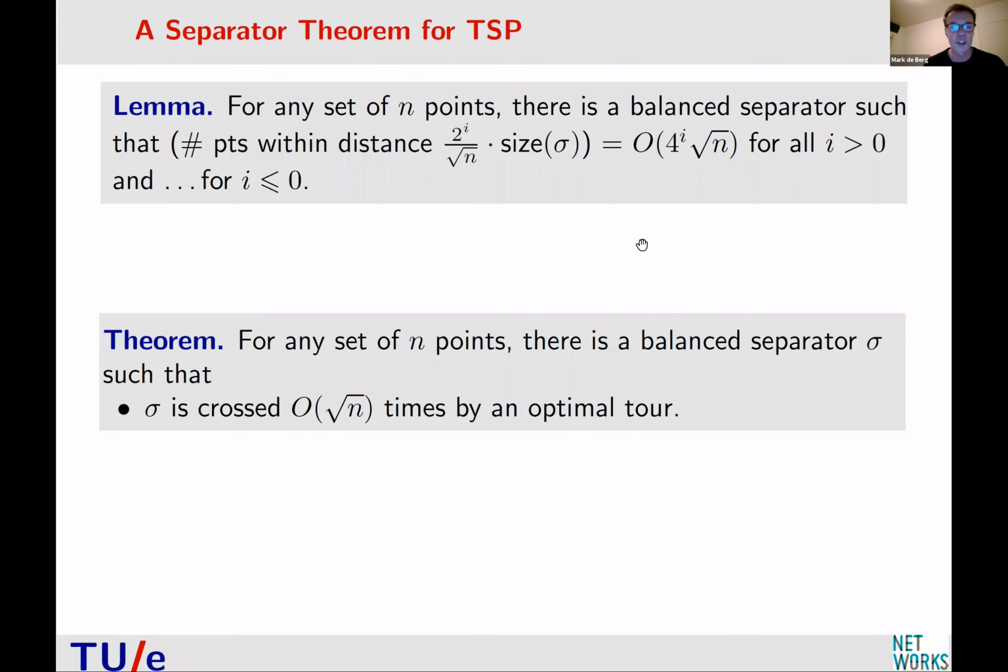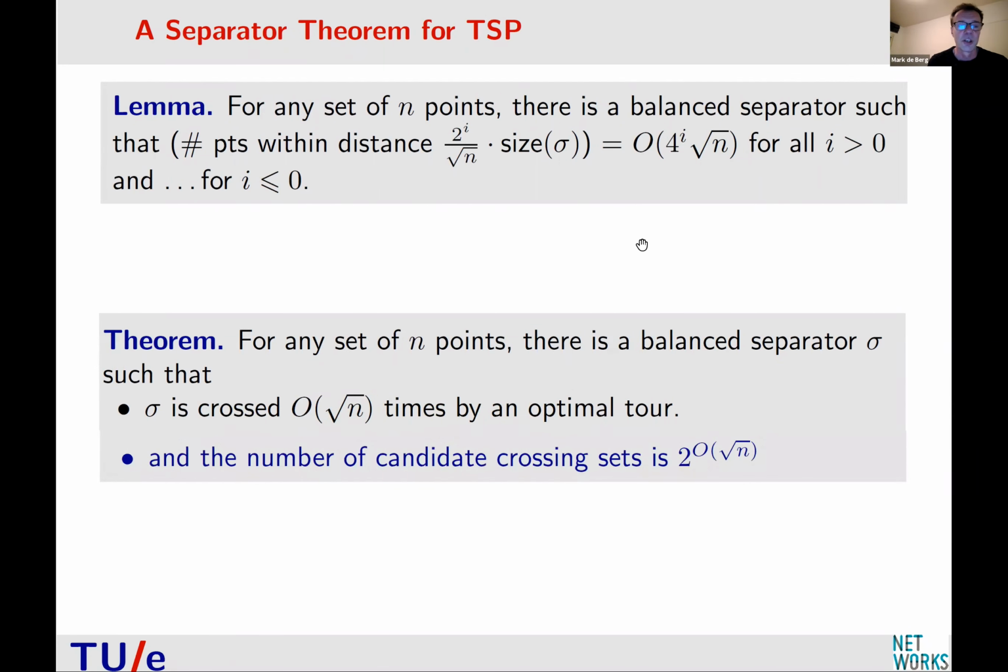But by itself, this is nice, but we already had this. So what's the point? The point is that the number of ways in which we have to guess how the separator is being crossed by the tour now reduces from n to the square root of n to 2 to the square root of n.